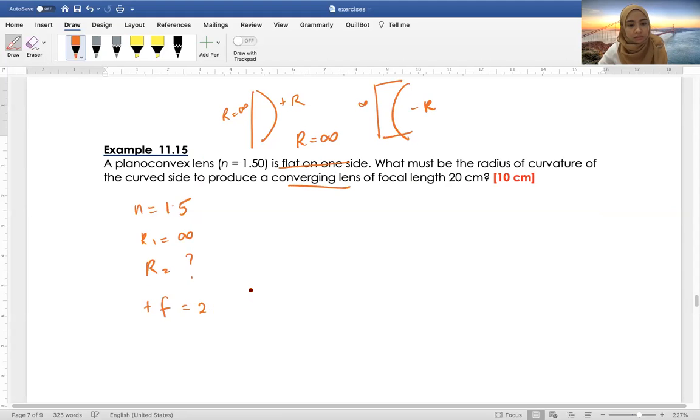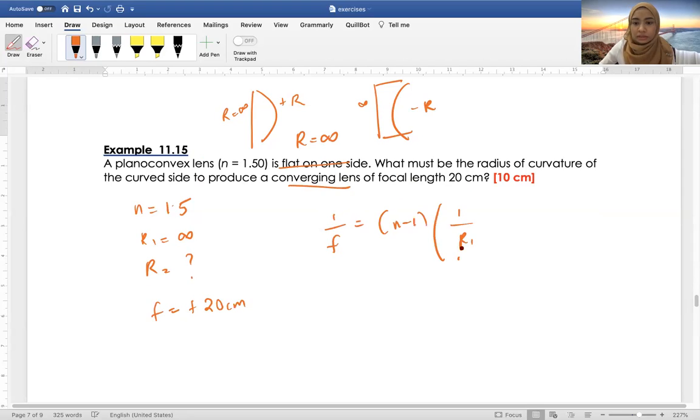It's positive 20 centimeter. So I have the n, I have the F, I have R1, I don't have the other R. So 1 over F, then let me make this equation again: n minus 1, and 1 over R1 cancels out to 0. 1 over infinity is 0, if you don't know yet.